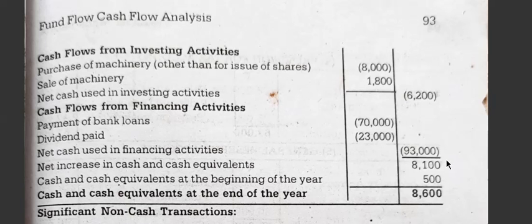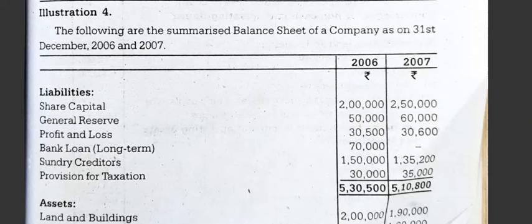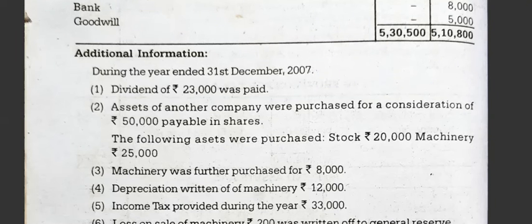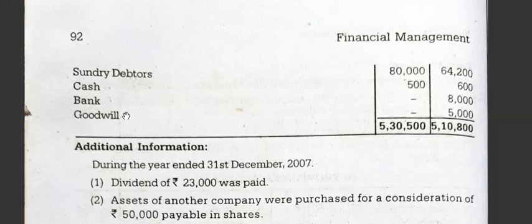Then at the end, taking all operating, investing and financing activities, you will get the balance as 8,100, that is a positive balance. Then add cash and cash equivalents at the beginning of the year, that is opening cash and bank balance. See here, cash it is opening 500, bank it is nil.